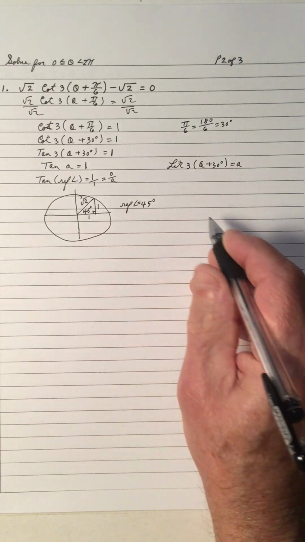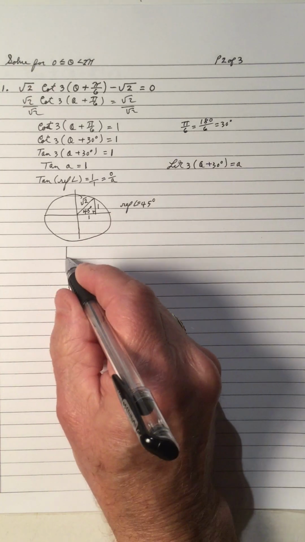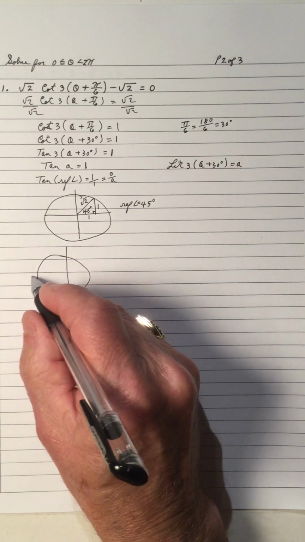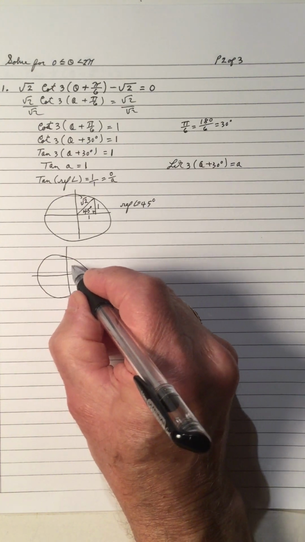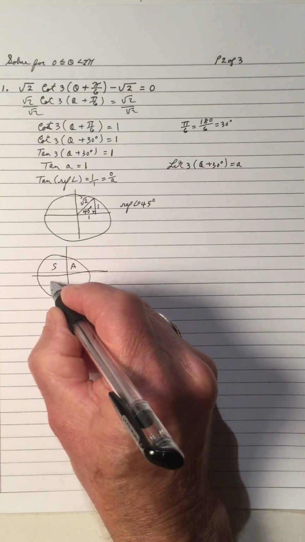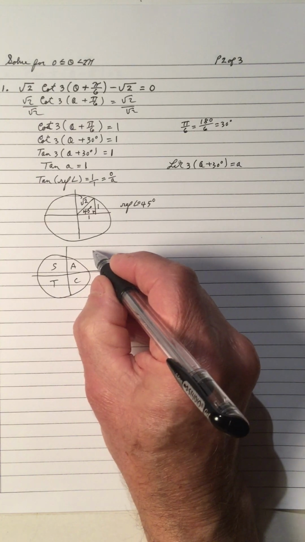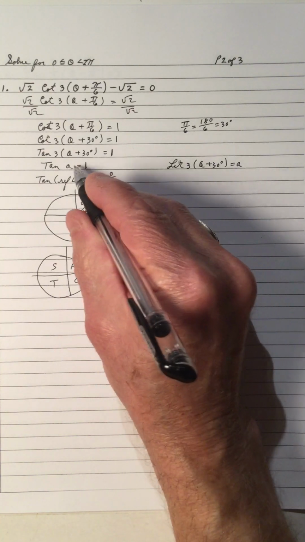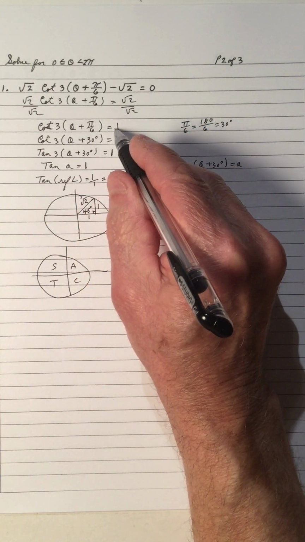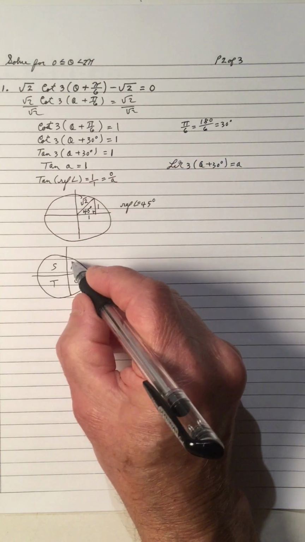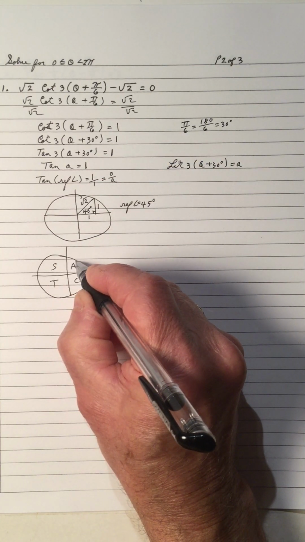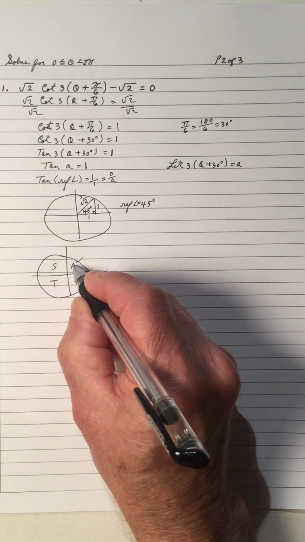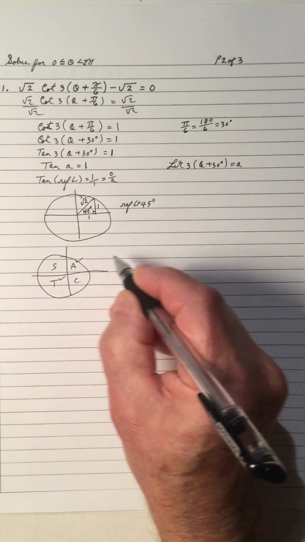45 degrees. So what quadrant are we dealing with? We're dealing with All Students Take Calculus, and tan is positive. Cot is positive. Tan is positive in the same quadrants, so tan is positive in the first and in the third.